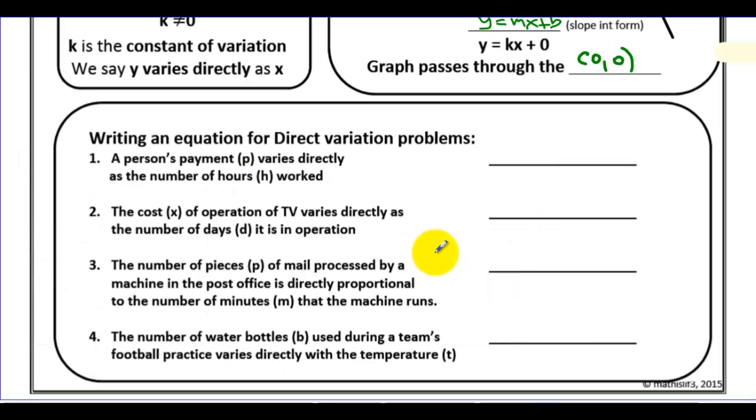Writing an equation for direct variation problems. So let's try to solve problems 1 and 3. A person's payment P varies directly as the number of hours H worked. Note that our general equation for direct variation is y equals k times x.